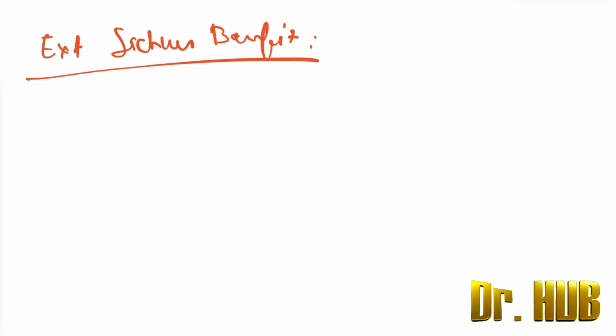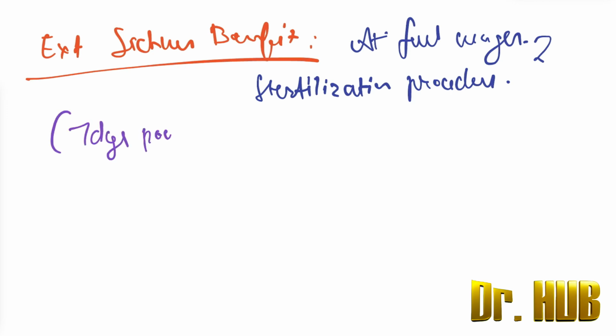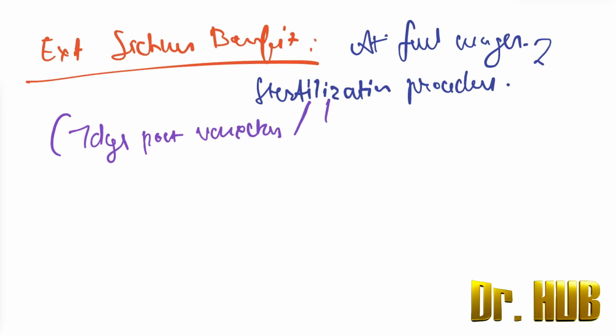This is at full wages for the sterilization procedure, for a duration of 7 days post vasectomy, as well as 14 days post tubectomy.